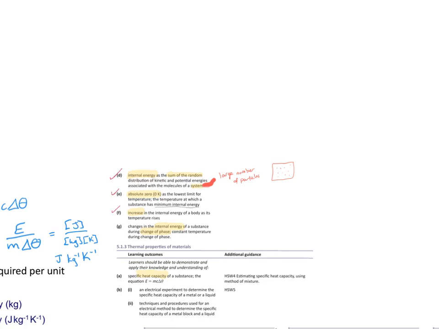We talked about the specific heat capacity, how to perform an experiment, and techniques and procedures to analyze. The only thing left is to look at the method of mixtures to make an estimation of specific heat capacity, which is mostly a mathematical view and a little bit of the method.